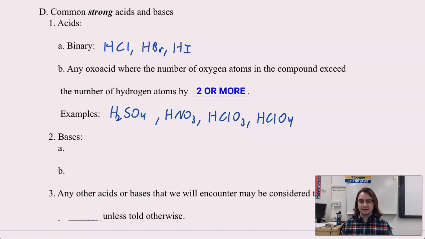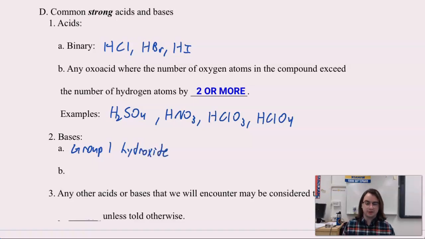The bases are a little easier to keep in mind, because any group 1 metal, notice that I said metal, meaning I do not mean hydrogen, bound with hydroxide is considered a strong base. So I'm talking lithium hydroxide, sodium hydroxide, potassium hydroxide, etc. Those are all considered strong bases.